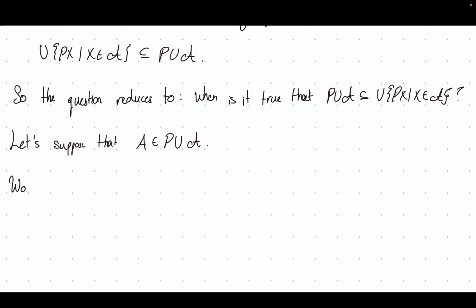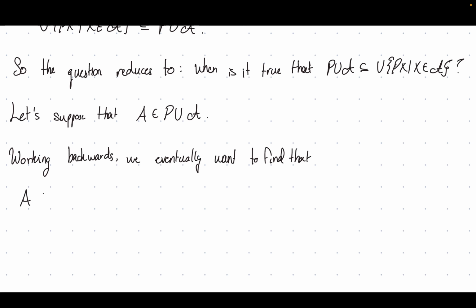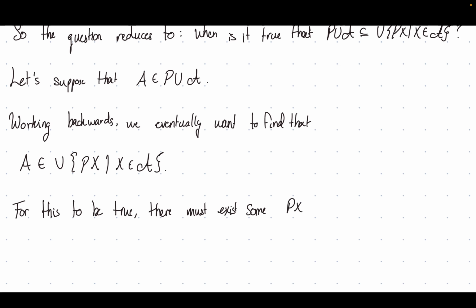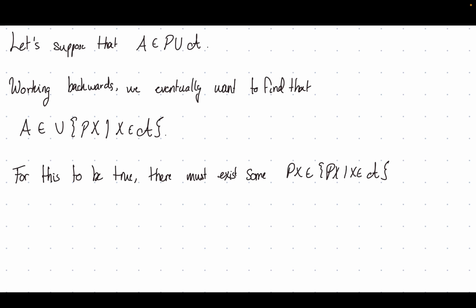So working backwards, we eventually want to find that A is going to be in the union of Px such that x is in script A. And for this to be true, there must exist some Px in Px such that x is in script A, where A is in Px.